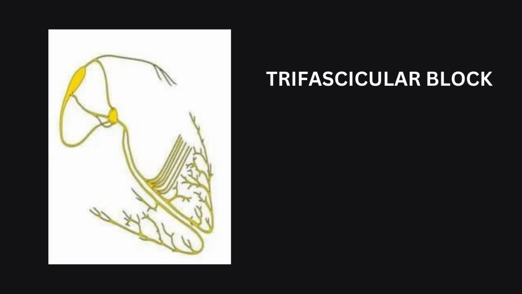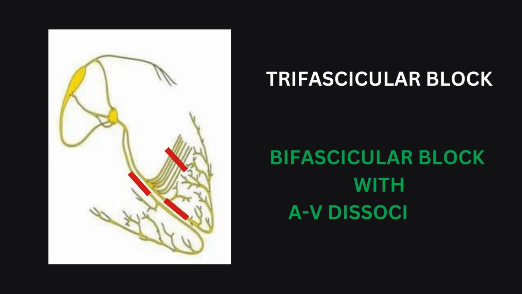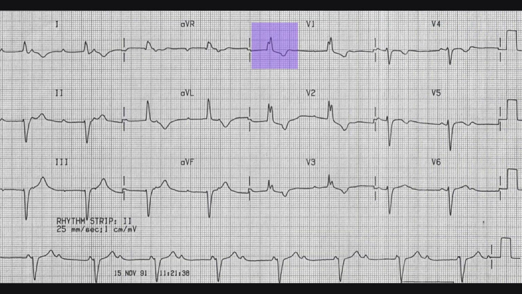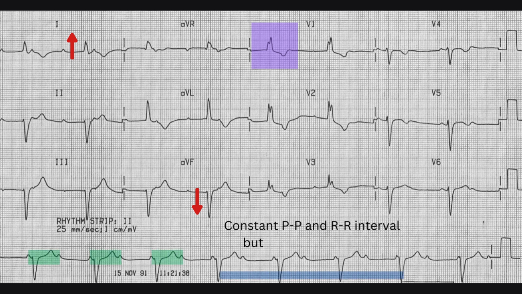In true trifascicular block, there is conduction delay in all three fascicles, RBBB, LAF, and LPF, causing a pattern similar to bifascicular block with complete heart block. Here there is a typical M pattern in lead 1 with left or right axis deviation, showing bifascicular block. In addition to that, there is AV dissociation shown by P waves and QRS complexes beating independently of each other.